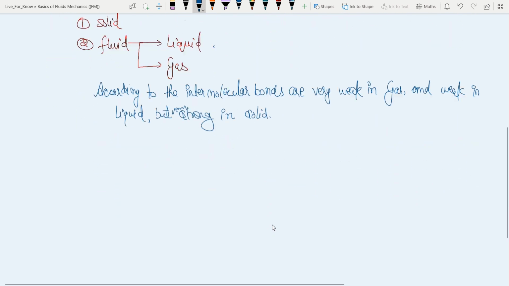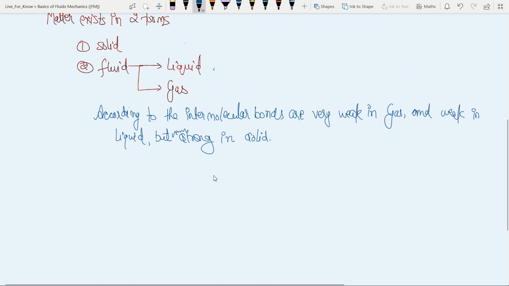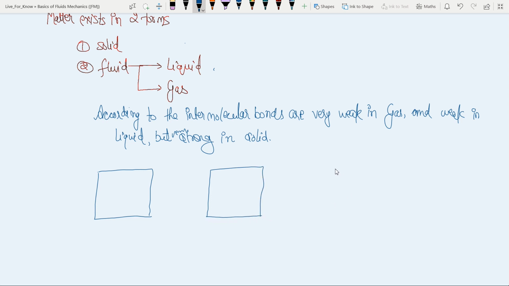So I make a figure for it. There are three states of matter: gas, liquid and solid.